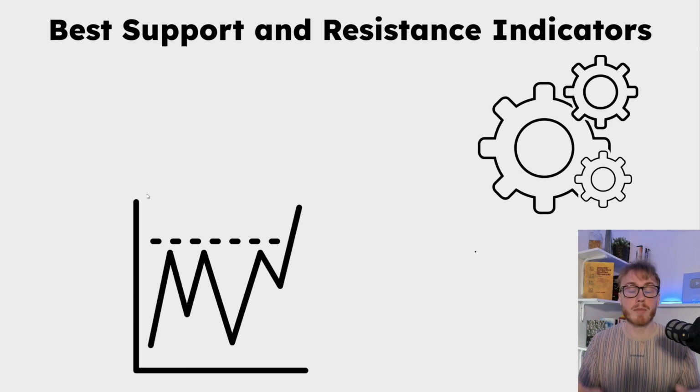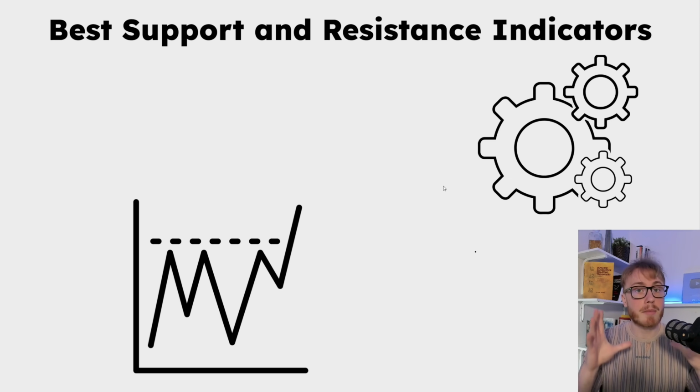Alright, so now the time has come for a chapter that I really think pretty much all of you will enjoy. It doesn't matter if you are a beginner or a more advanced trader, because now we are ready to take a look at some of the best support and resistance indicators.